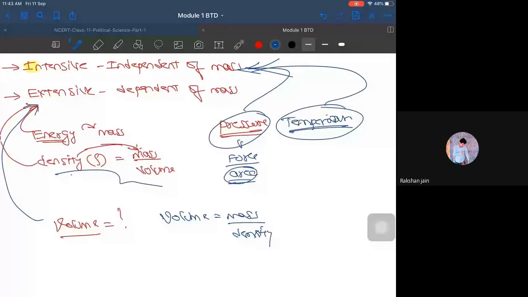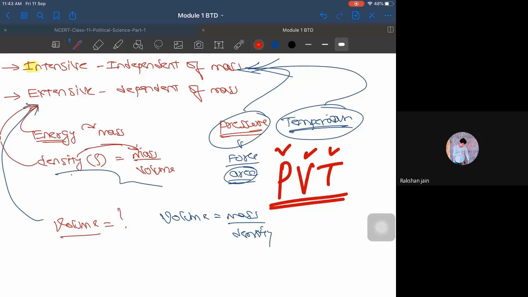There are three major properties to be studied in a thermodynamic cycle. Those are PVTs. So naturally we call them PVTs. PVTs are nothing but pressure, volume and temperature. Out of pressure, volume and temperature, the only parameter which is extensive is which one?